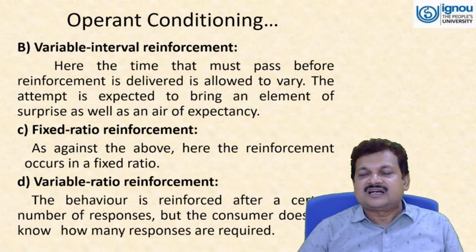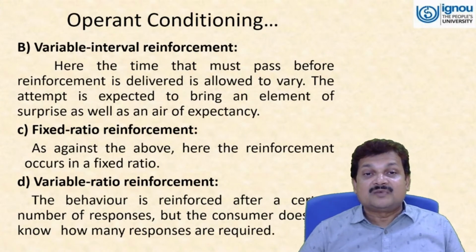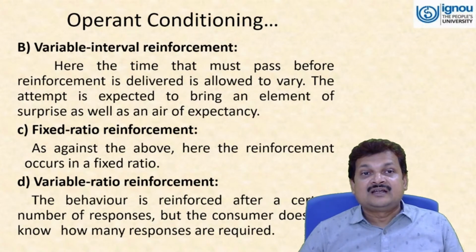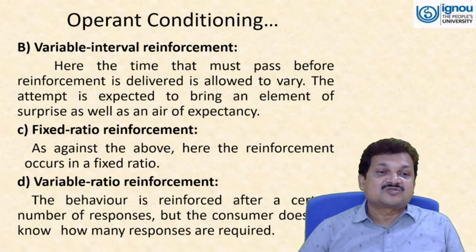If you go immediately, the positive result may become negative. That's why reinforcement always has a time and it will vary. If you go early, maybe it is negative, or sometimes early is positive, or if you delay, the customer who was very much interested might say, yes, it is delayed, I do not want this kind of product. That is variable interval reinforcement.